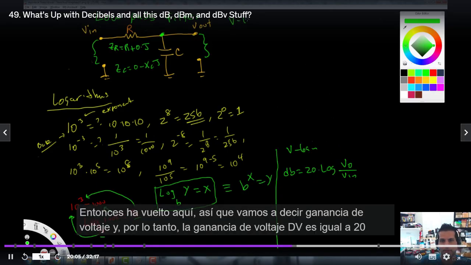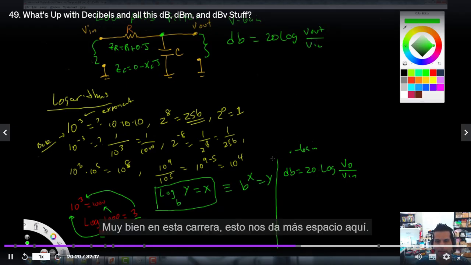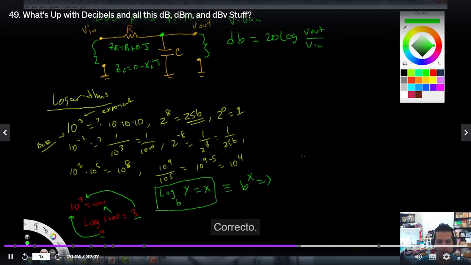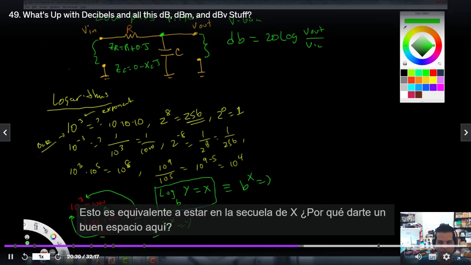Voltage gain in dB equals 20 log V out over V in. And I want to put this right here: b to the x equals y. Give ourselves some nice room here.